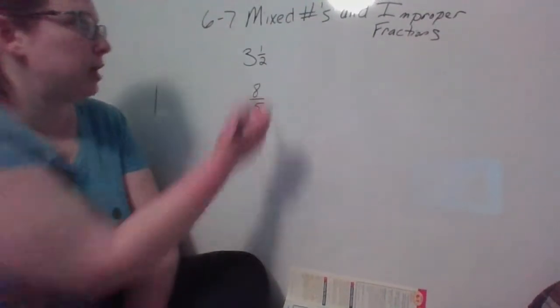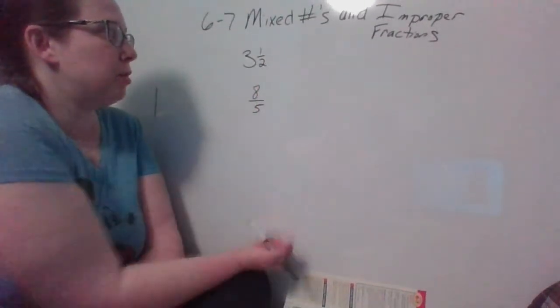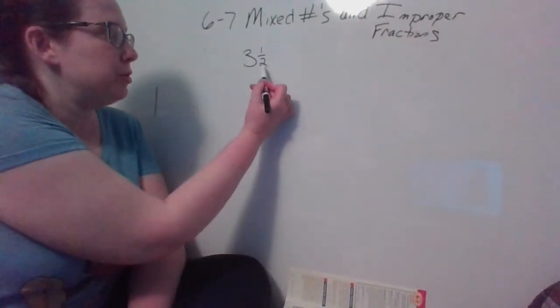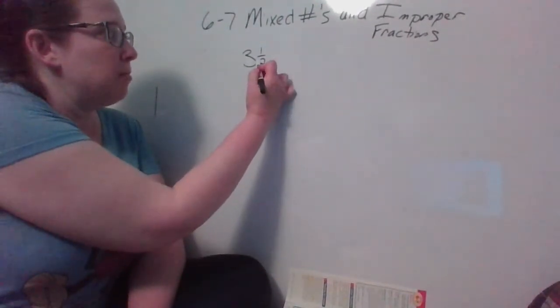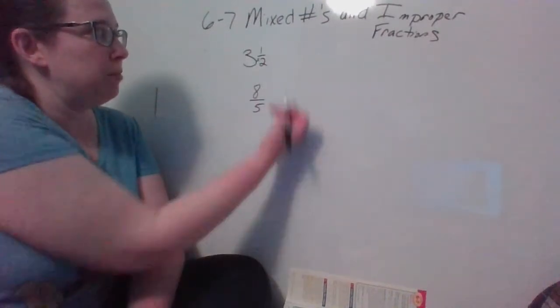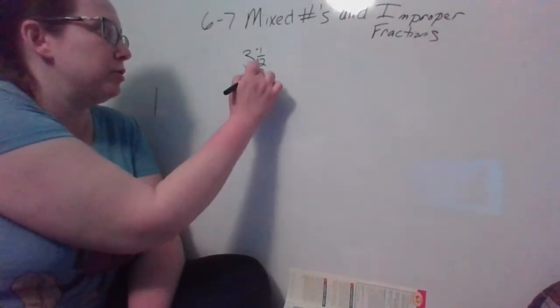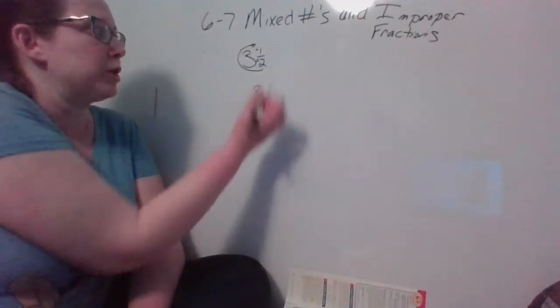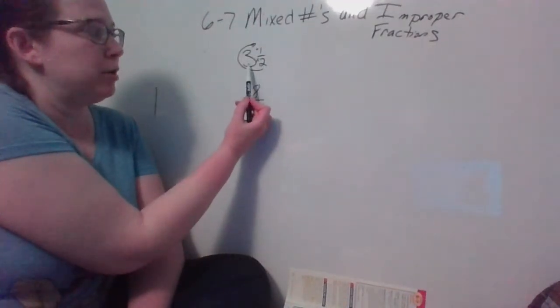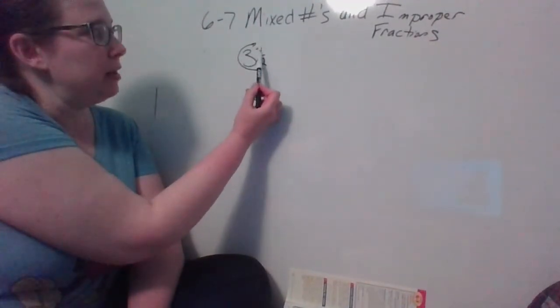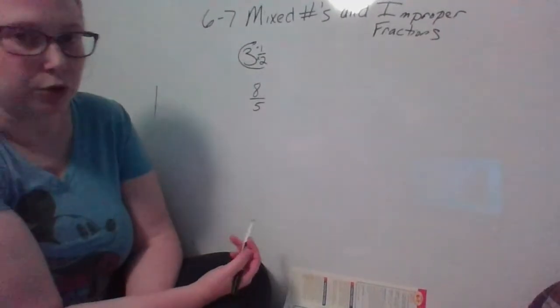To change a mixed number into an improper fraction, what you're going to do is take that denominator, multiply it times your whole number, and then add it to your numerator. So you're going in this direction. You take your denominator times your whole number, and then you add your numerator.